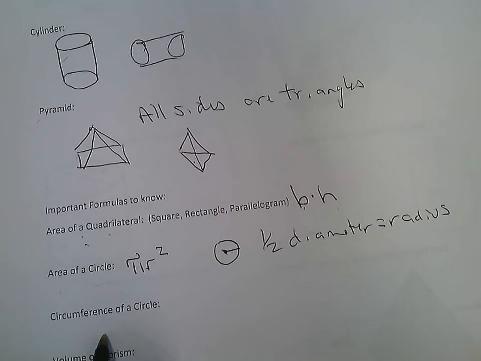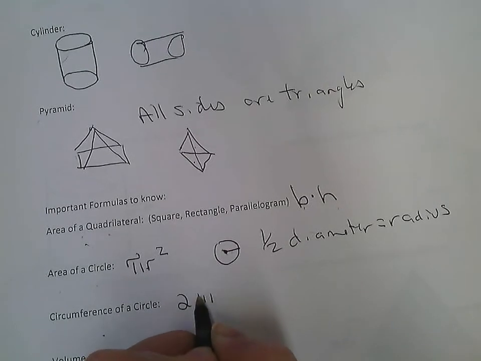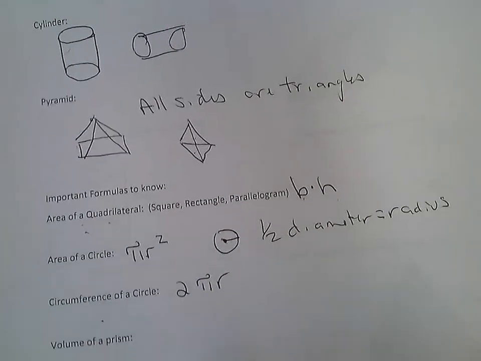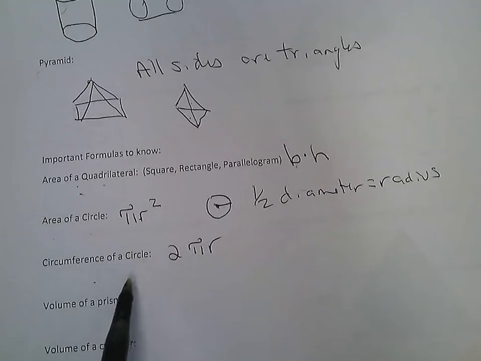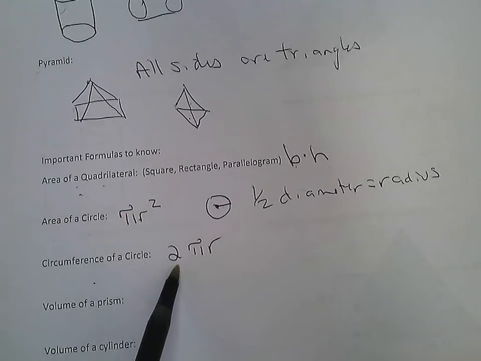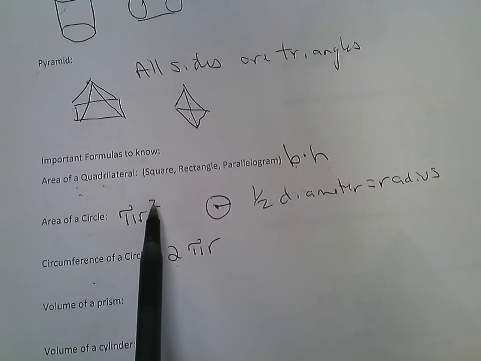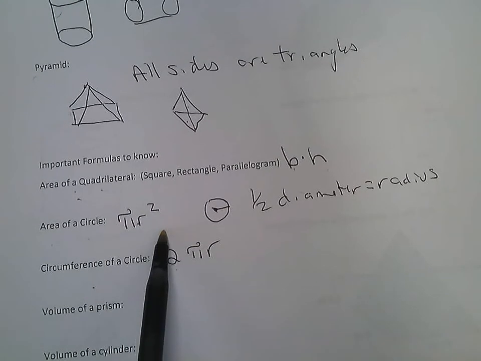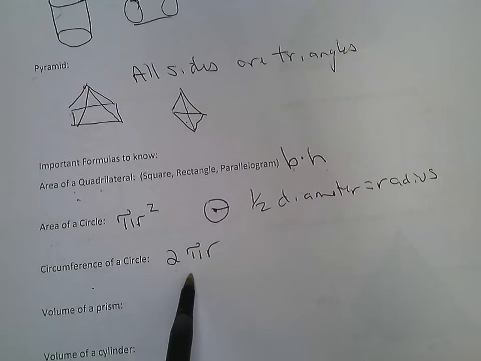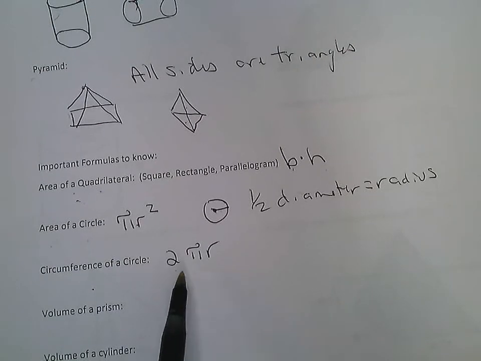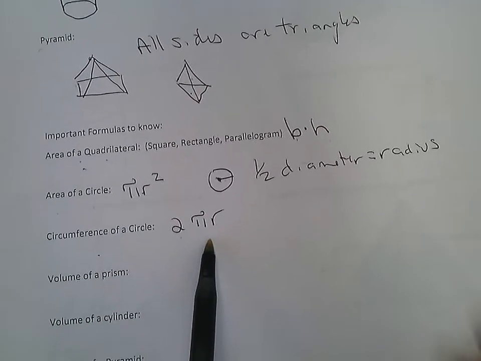So there's the circumference, it's 2 pi r. It looks very similar, but it's very different. Remember, our units for area are squared. Our formula is squared. Circumference does not have square units, and therefore it is 2 pi r.